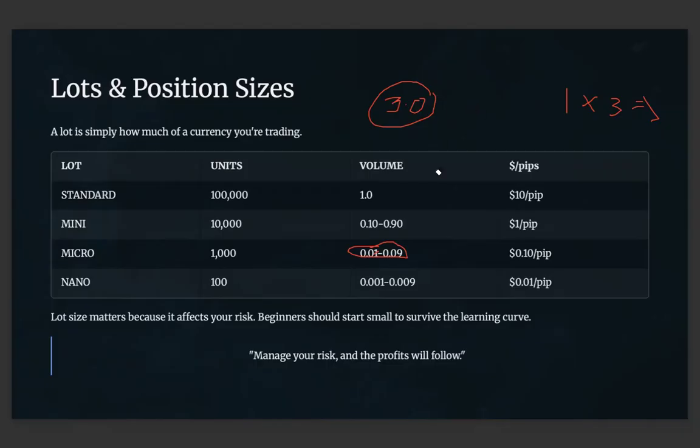So if I say enter 30 pips and you don't want to lose more than $5, you can enter with a 0.01. Now 0.01 means $1 per 10 pips, right? So if the stop loss is 30 pips, you do 1 times 3, or we can do 0.01 times 30. Go ahead and use your calculator right now and do 0.01 times 30.